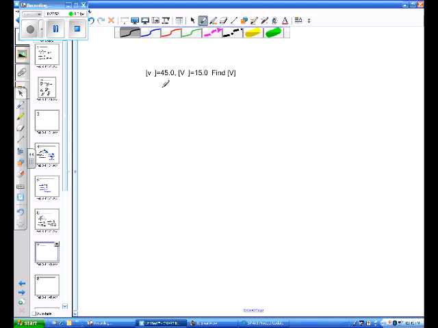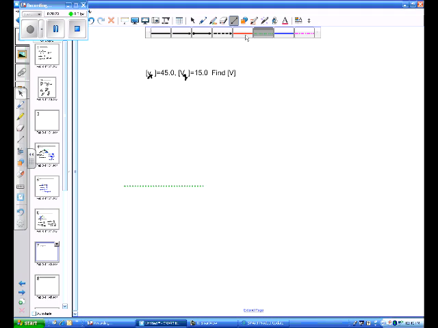Now, we could have our horizontal and vertical vectors, and we might want to find the magnitude of v. So if we drew our v sub x, it's 45.